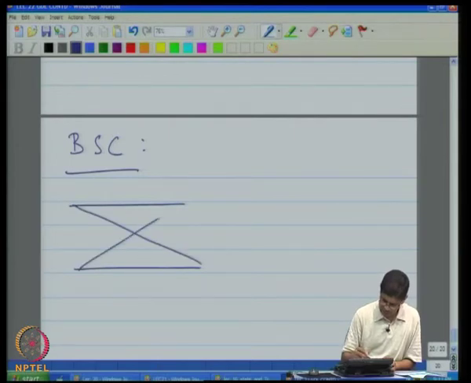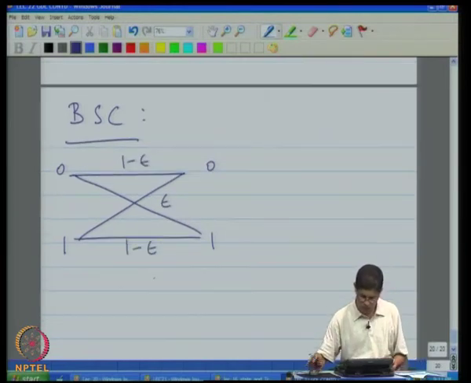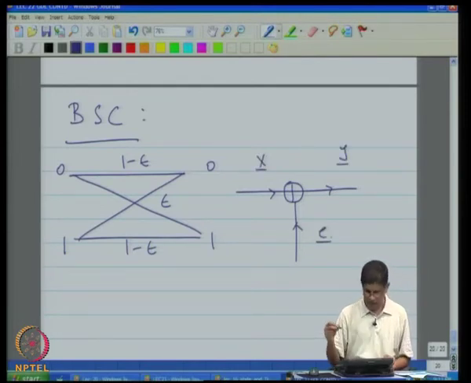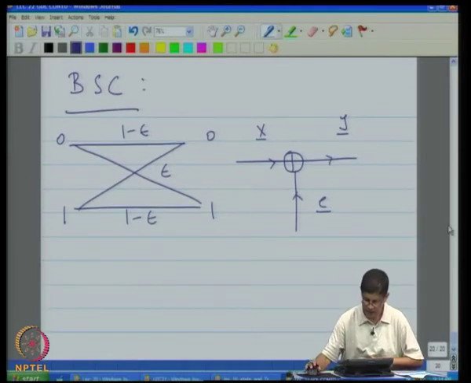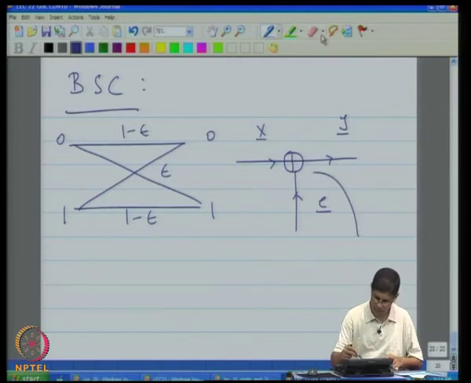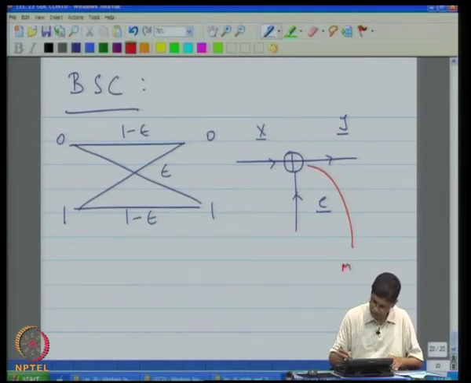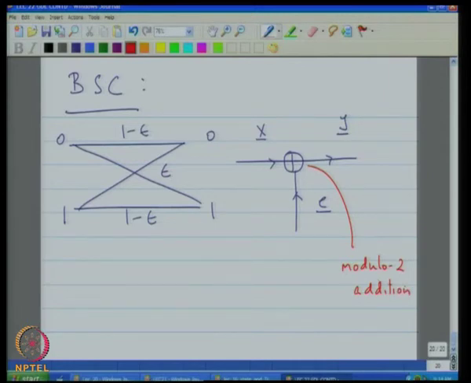Either we view it like this, input 0 1, output 0 1, with crossover probability epsilon, or we can view it as one in which you transmit a code word x, you receive y, and the channel introduces an error vector e, and the addition here is of course modulo 2, component by component.